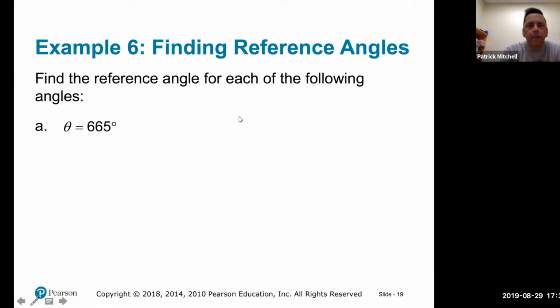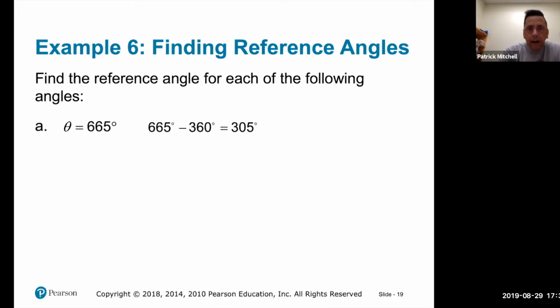Okay. So the first example is we're going to find a reference angle for 665 degrees. So again, start by finding the smallest positive angle that's coterminal with that angle. Looks to me like if we subtract 360 degrees just one time, that will put us in the right range at 305 degrees.